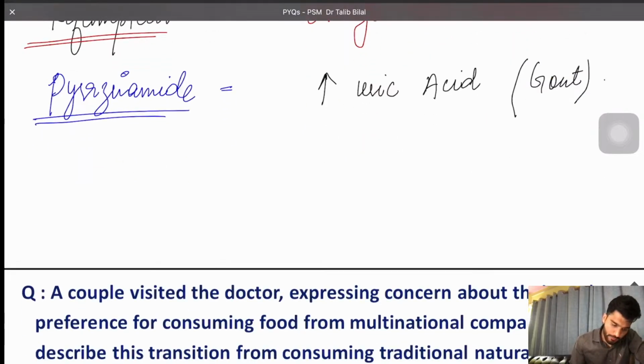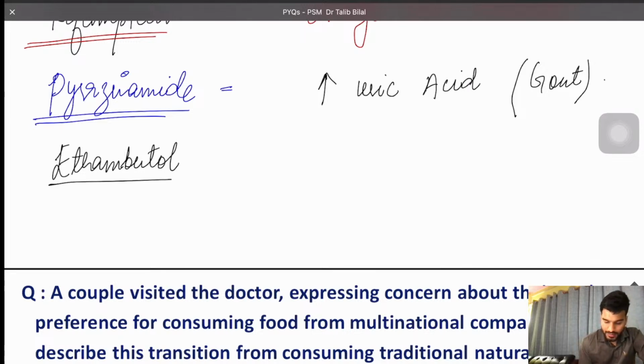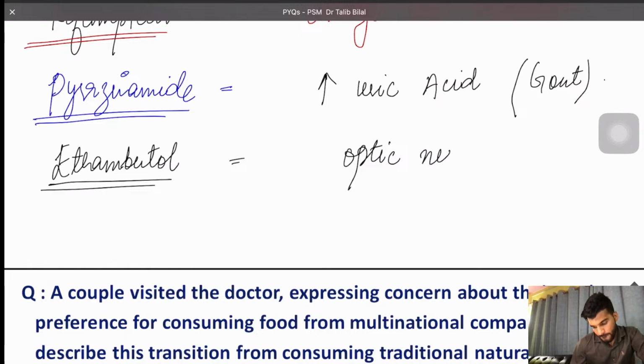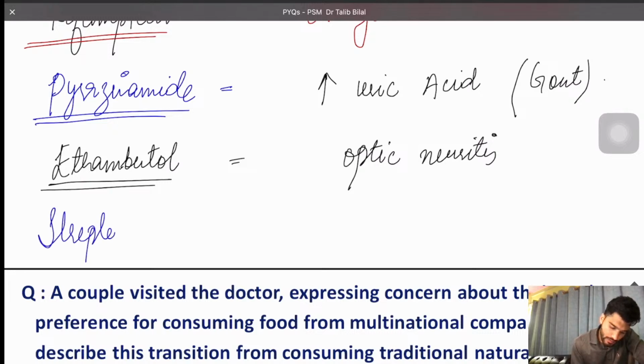Chalo. If a patient is taking ethambutol, the patient has a side effect of optic neuritis. And if a patient is taking streptomycin, then you already know aminoglycosides have a side effect of ototoxicity.